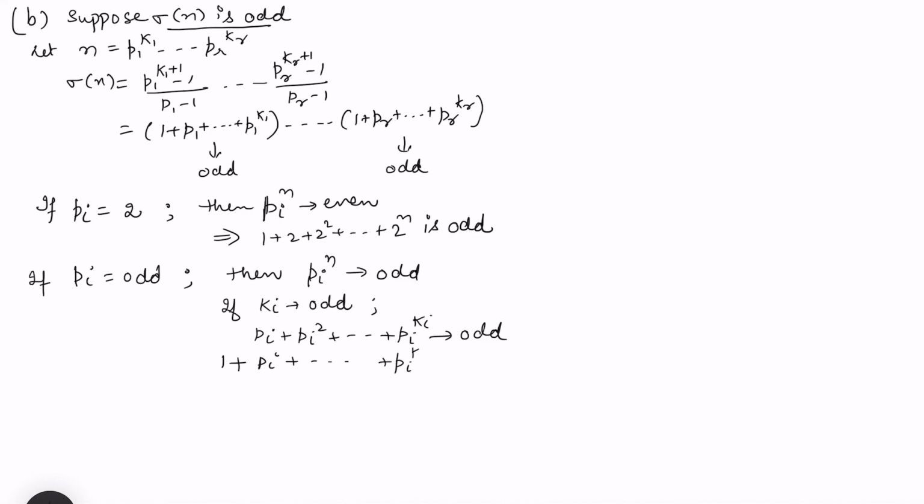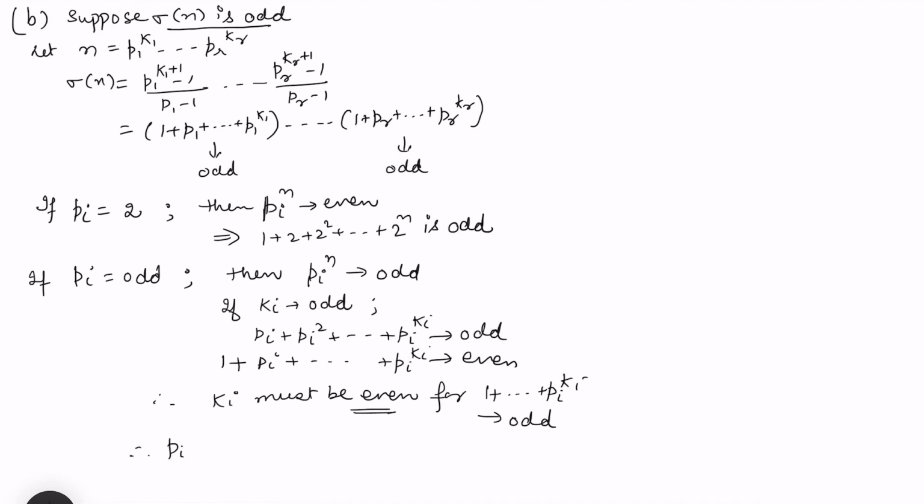So this quantity is now even. So this means ki must be even for this whole quantity to become odd. So if ki is even, that means pi to the power ki is equal to pi to the power 2ji, which is pi to the power ji whole squared.